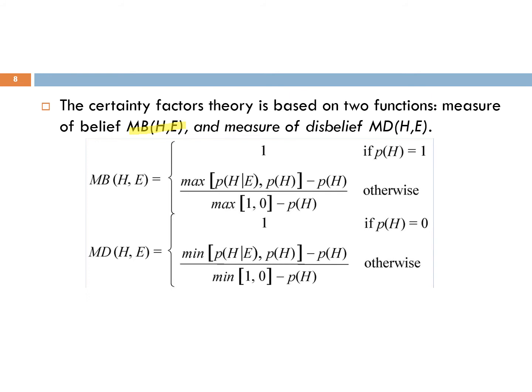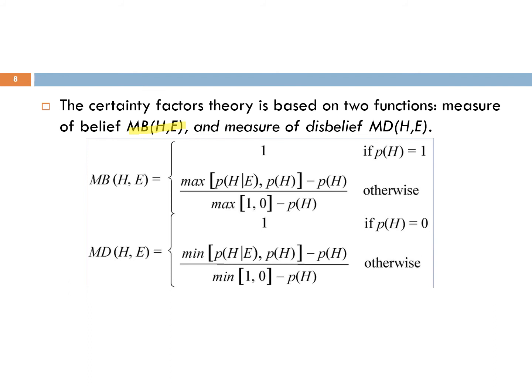Otherwise, you need to calculate: find the maximum of the conditional probability P(H|E) and the probability P(H), minus P(H), then divided by the maximum of 1 or 0, minus P(H).